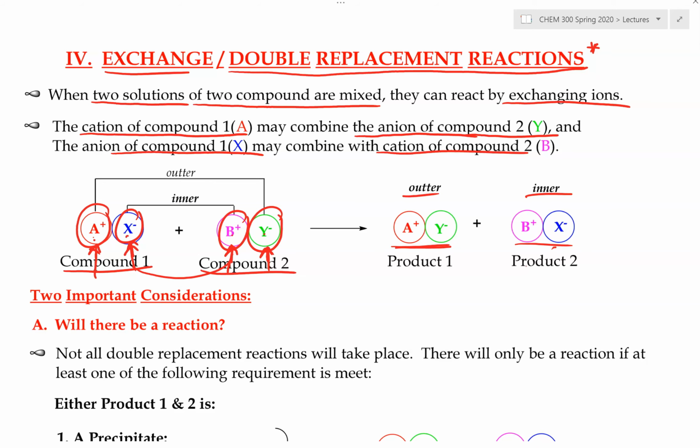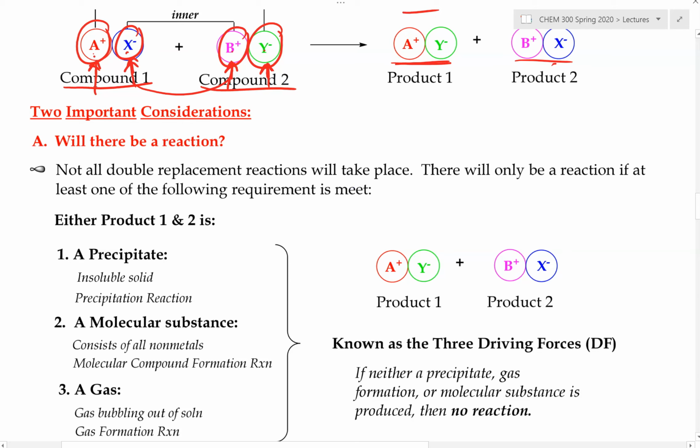Now, there are two very important considerations that we need to dig really deep into. First, just because we mix two compounds together, does that always mean that they will react? And the answer is no. Just because we mix substances together, they do not always react.